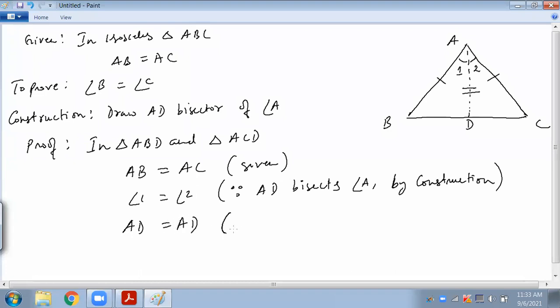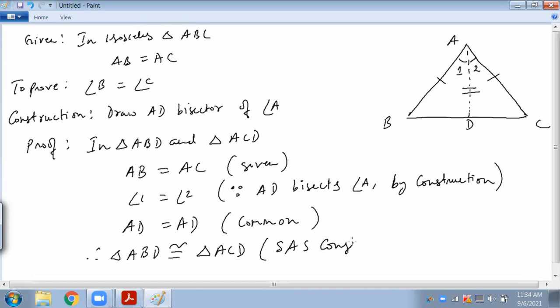Take it, common. Therefore, what are you getting? Side angle side of one triangle equal to side angle side of the other one. So the triangle ABD will be congruent to triangle ACD by what congruency? SAS, side angle side. SAS congruency.